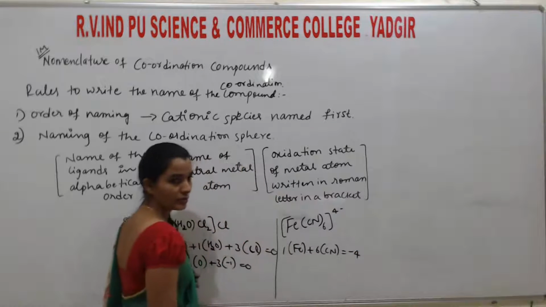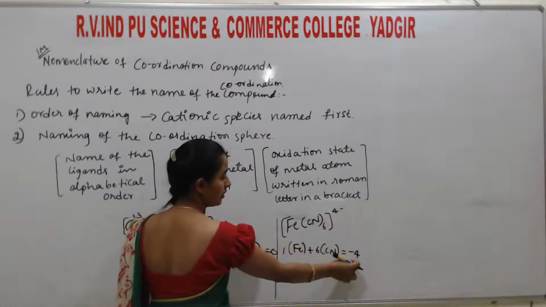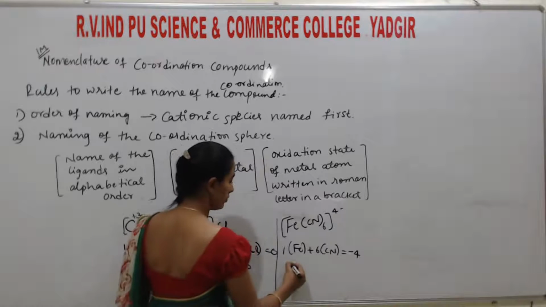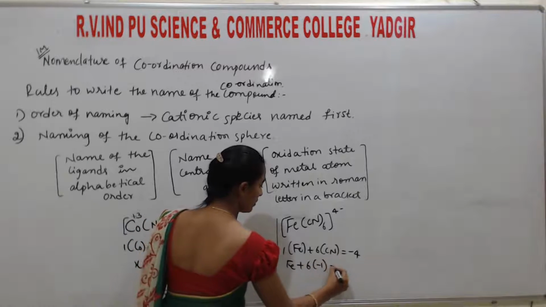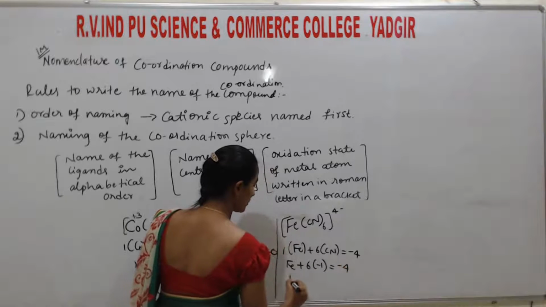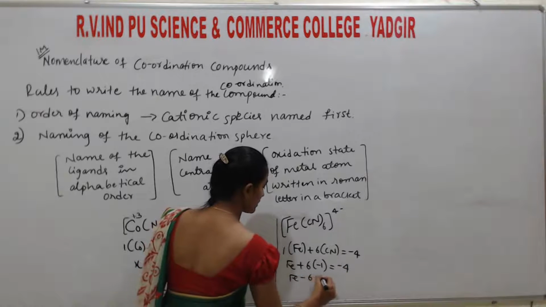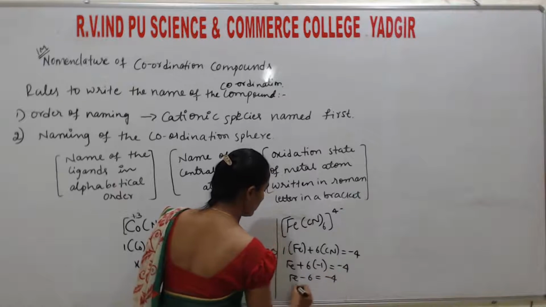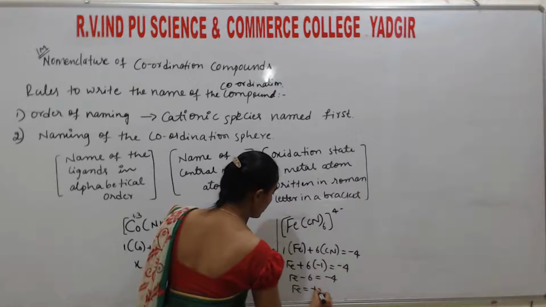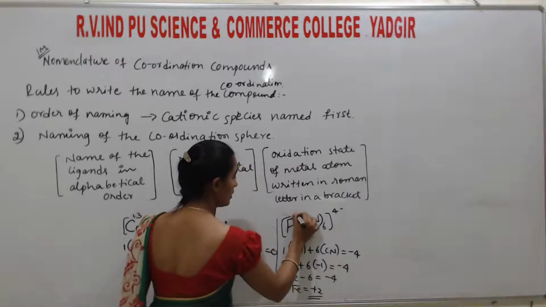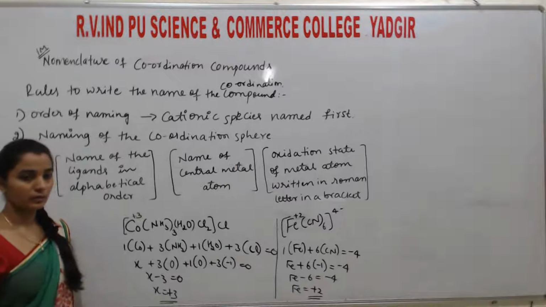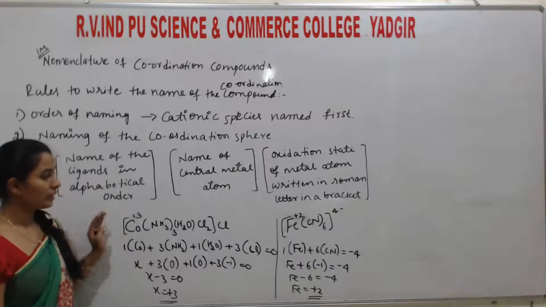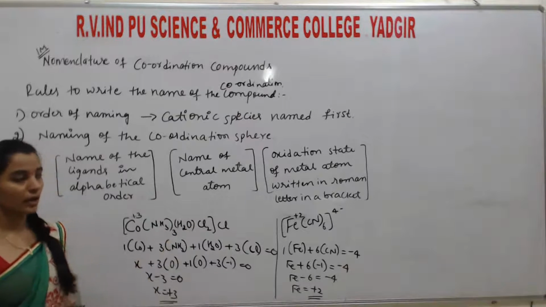Minus 4 charge. This is the net charge on the complex. So Fe plus 6 into minus 1 is equal to minus 4. Fe minus 6 is equal to minus 4. Fe is equal to plus 2. So here plus 2 is the oxidation state of iron. This is the way to calculate the oxidation number.